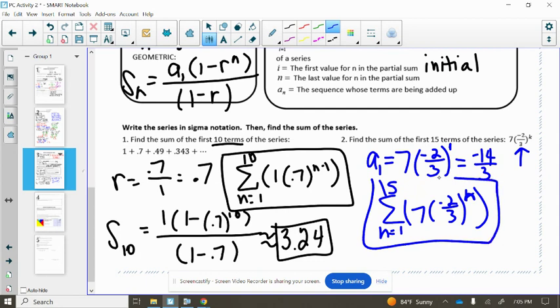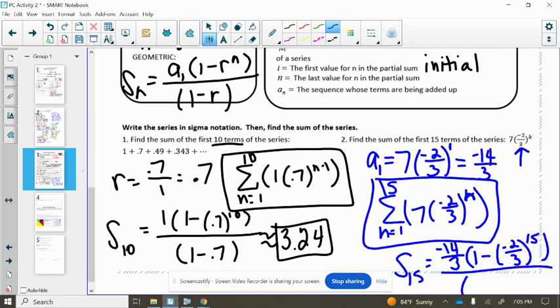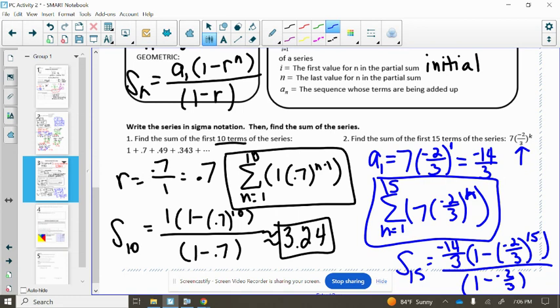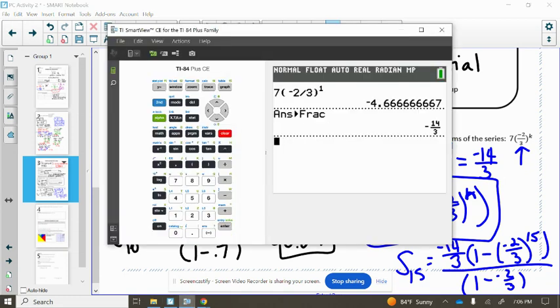Now to find the sum of our first 15 terms, we take that first term, negative 14 thirds, times 1 minus our r value to the 15th power, all divided by 1 minus our r value. So again, be very careful. Half the battle here sometimes is just typing this into the calculator.